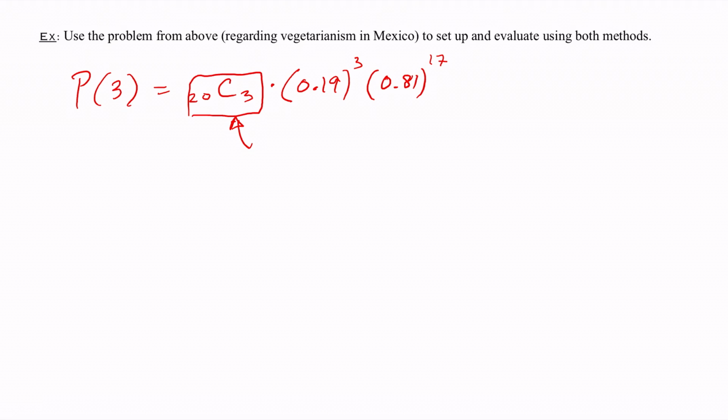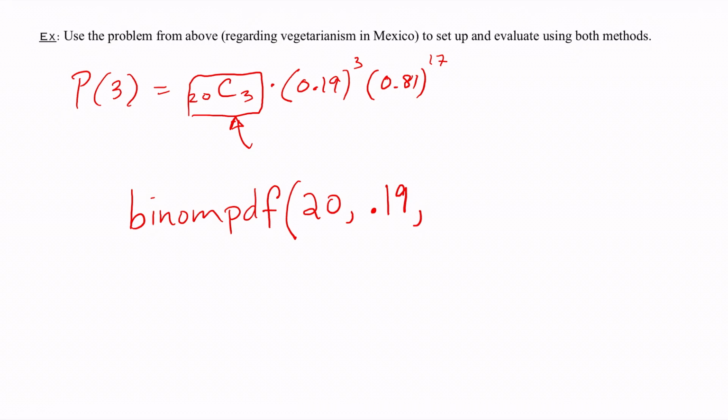But here, let's look at the result using the binom PDF. In this case, the parameters that we're putting in, we have 20 trials, 0.19 was our probability of success, and we're looking for exactly 3 successes.